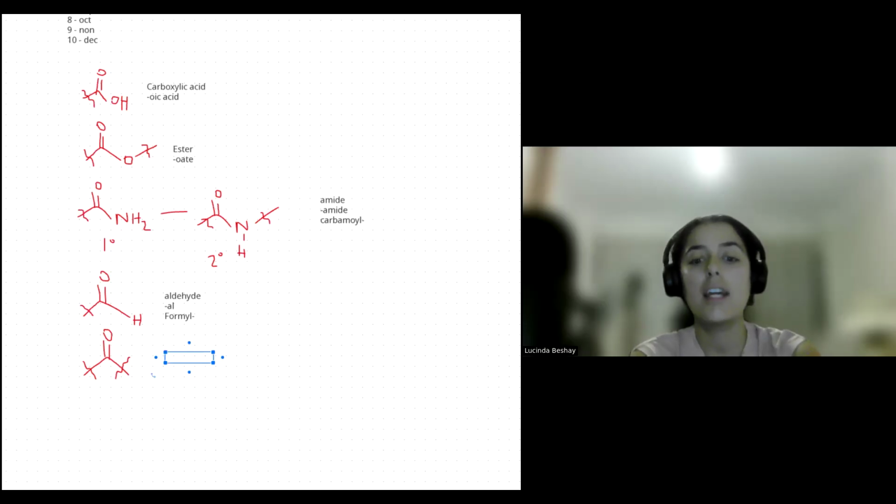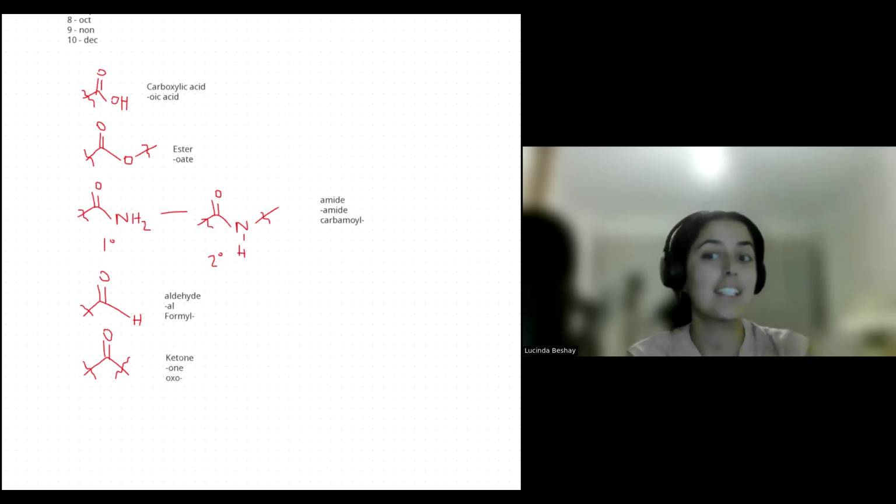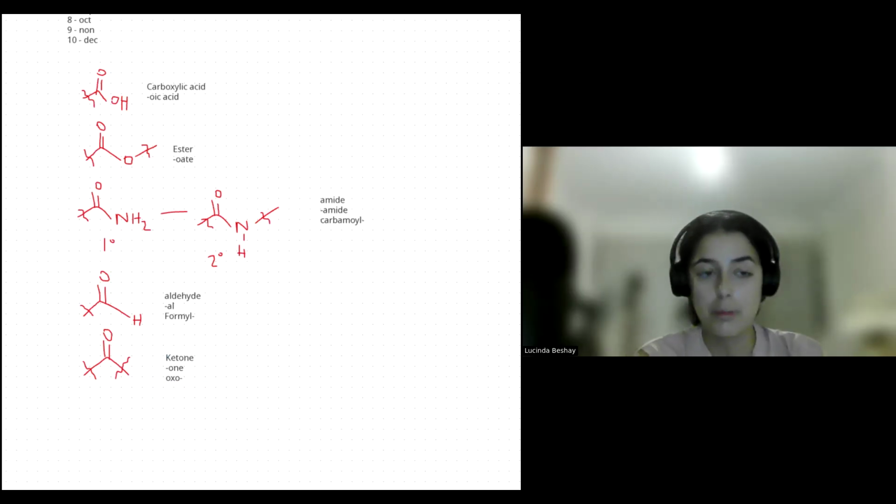If it is the main functional group, it's going to end in -one. If it is a branch, then I'm going to put it as oxo. And by the way, aldehyde ends in -al, just a way for you to remember it.